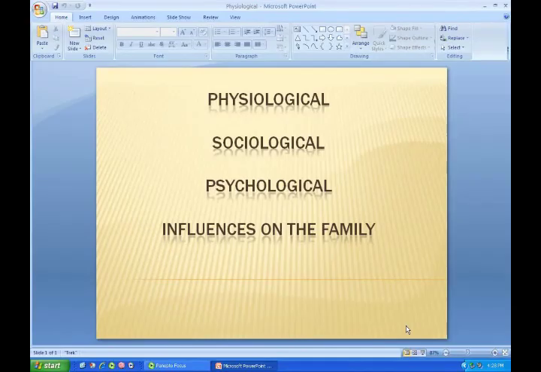Number six, inadequate systemic skills. These individuals are unable to effectively problem solve. So to get their needs met, irresponsibility arises.